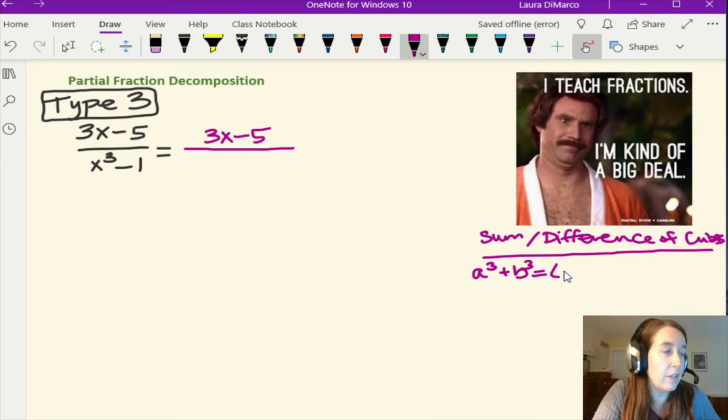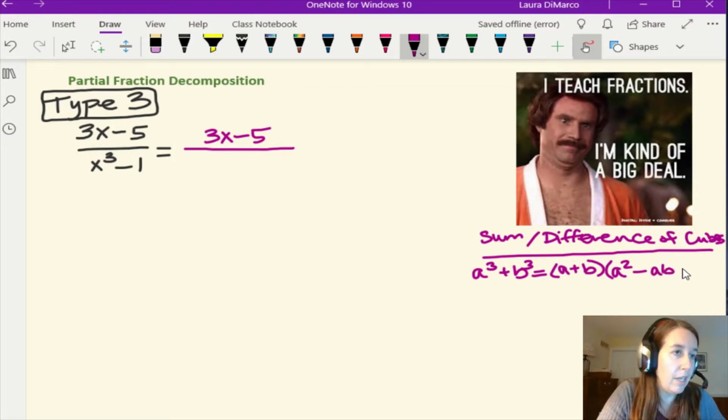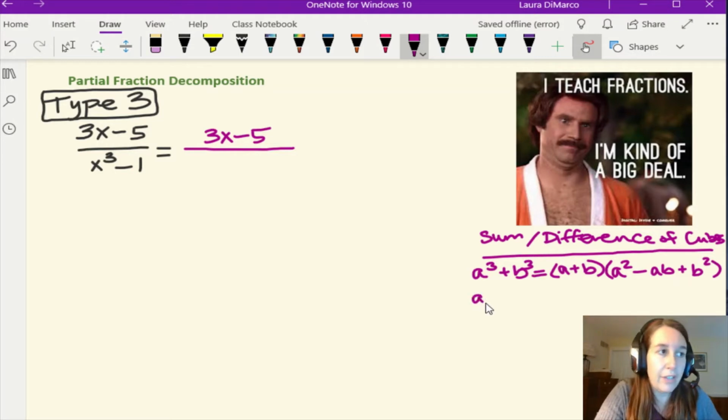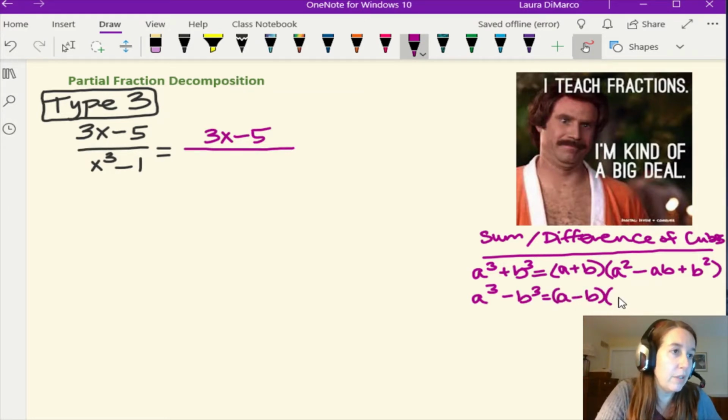The pattern's going to be a plus b times a squared minus ab plus b squared. Okay, and the difference of cubes is a cubed minus b cubed, which is what we have here. And the pattern is a minus b times a squared plus ab plus b squared.